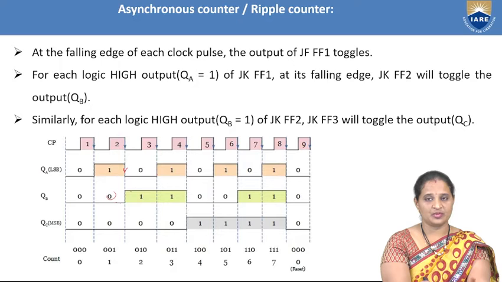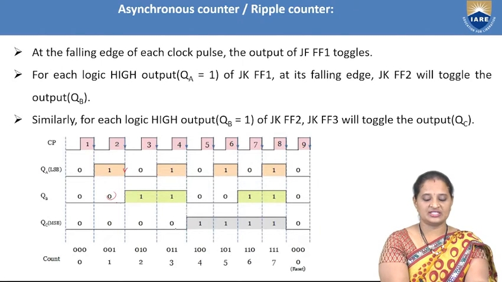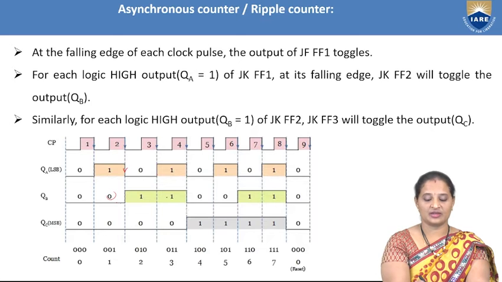No, it is a positive edge. So again, the third flip-flop will never change its state, and hence it remains in the present state. Now again, during the negative edge of the clock, it changes its state from 0 to 1. Whereas we can observe a change in the clock of the second flip-flop as 0 to 1, it is a rising edge, so no change. It is also no change.